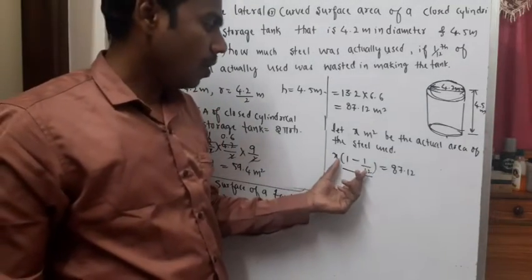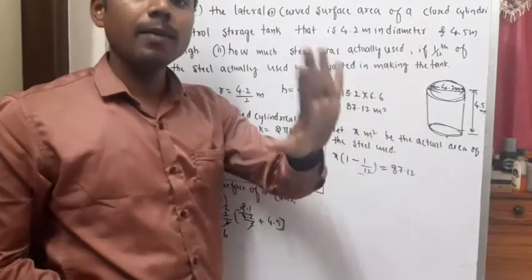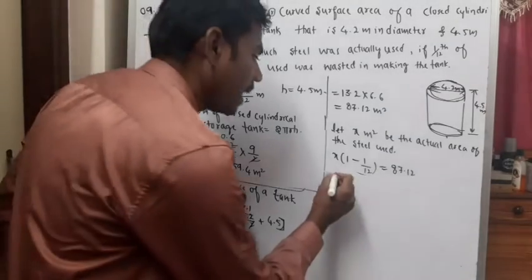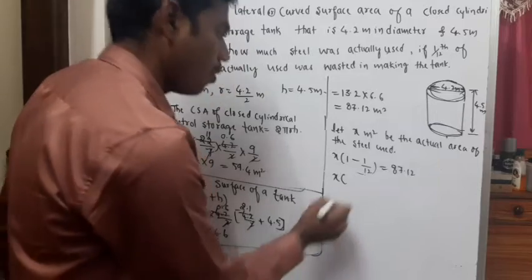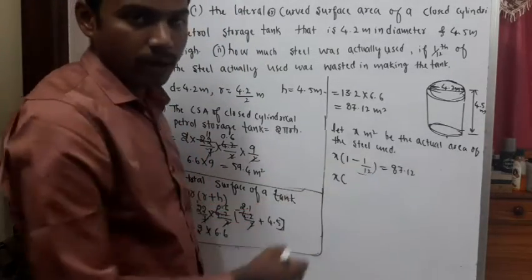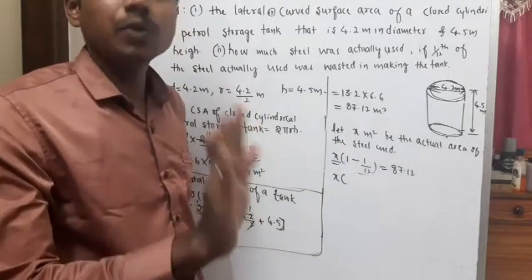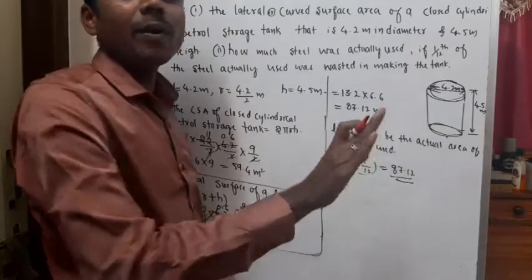So x into 1 minus 1/12. Why 1 minus 1/12? Because 1/12 of the metal is wasted while manufacturing. I hope you understood why 1 minus 1/12. Because x is the actual metal used, but to arrive at this value, 1/12 of the metal is wasted.